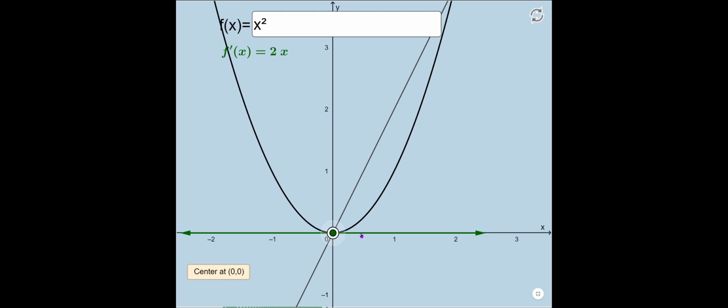The tangent to the graph at that point is horizontal, and because this tangent line is horizontal, you expect the slope to be 0, right? And that agrees with what f prime is. If I put x equal to 0 into this, I'm going to get 2 times 0, which is 0.